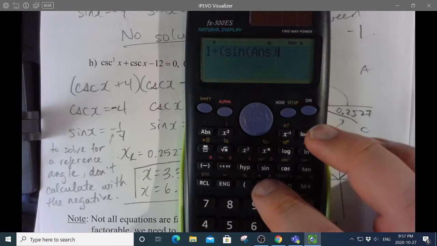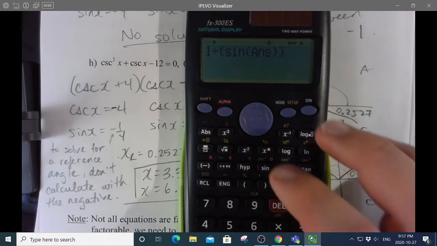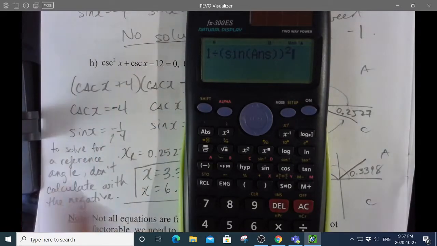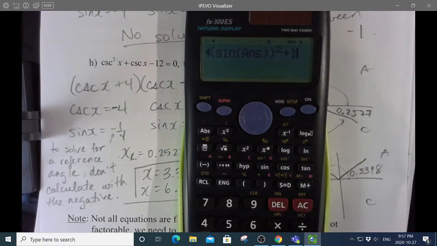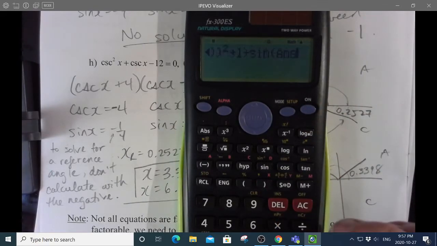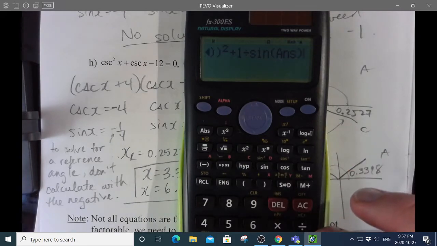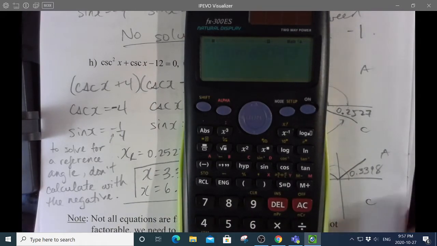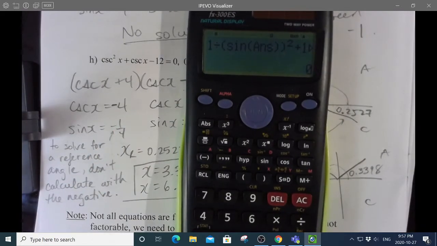Close that bracket and close this bracket and squared. So there we go. That's that thing. Plus 1 over the sine again of that answer I just had, minus 12 should be 0, and it is.